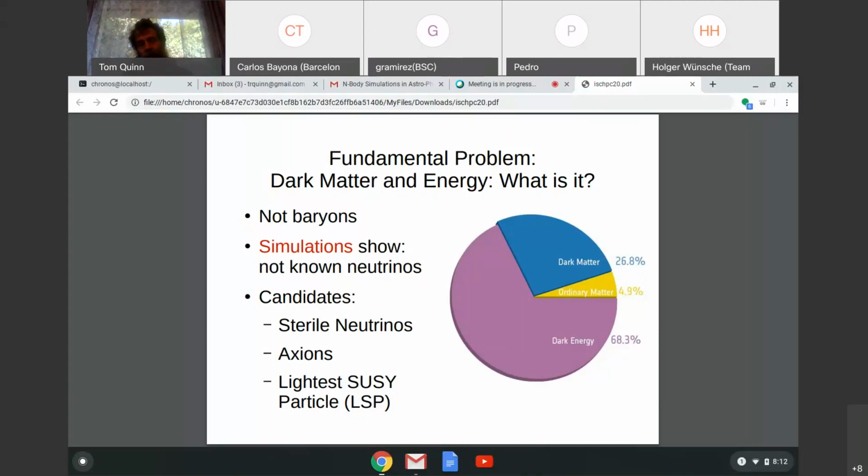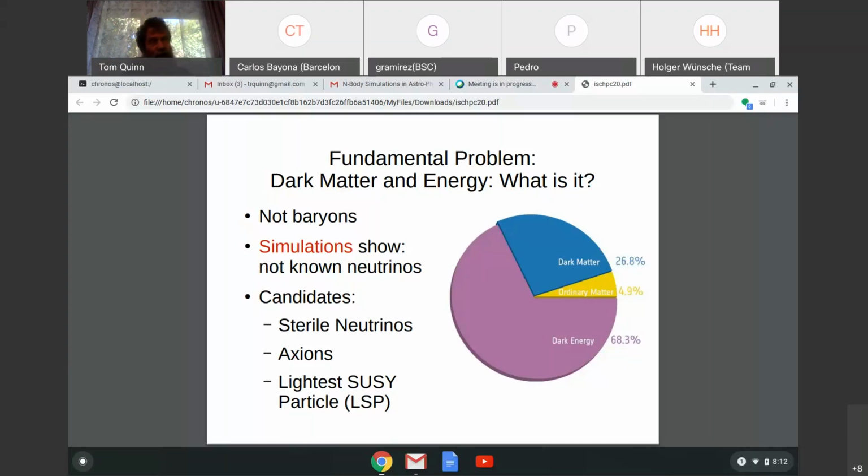The electron, muon, and tau neutrinos are known to have mass, and simulations run with massive neutrinos actually showed that the neutrinos are too light, and the kind of structures you get out of the simulations do not match those galaxy surveys that I showed you.